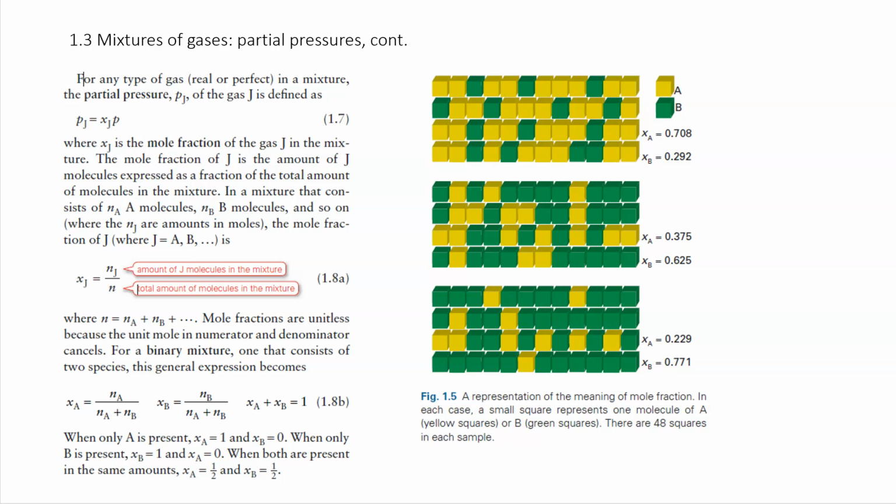Now, let's take a look at what this might look like. Let's take a look at figure 1.5 here. This is just a representation of what mole fractions look like. Why are we suddenly looking at mole fractions?